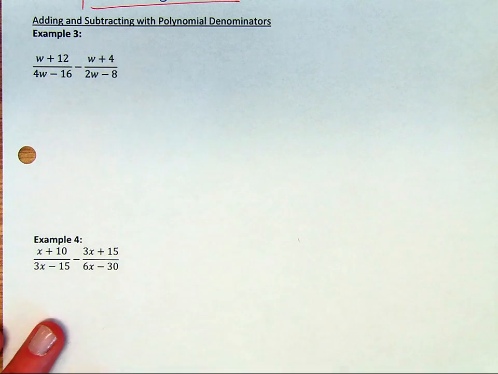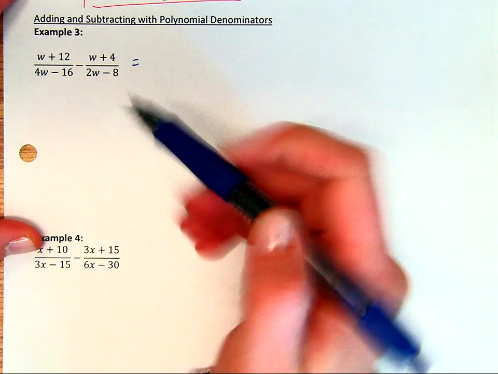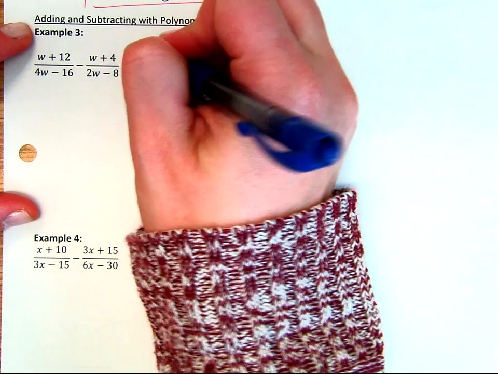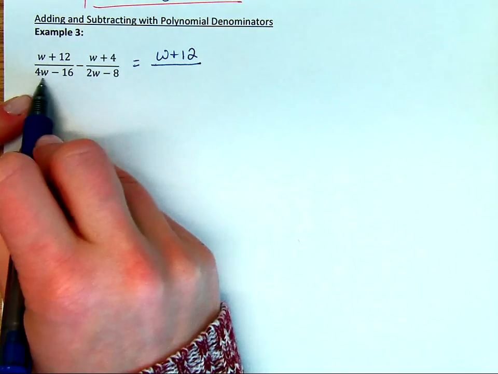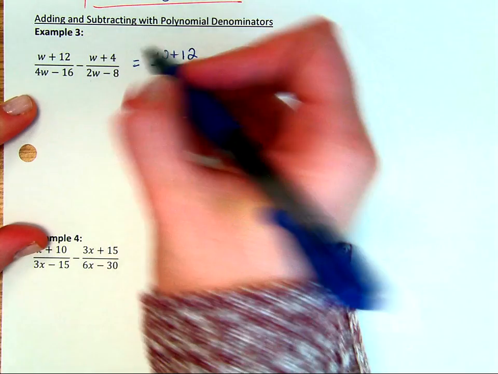So this is equal to, alright, and while we're at it, so the first step for adding and subtracting with polynomial denominators is you want to try to factor the bottom first. Okay, so I'm going to leave the top as w plus 12 and factor the bottom. 4w minus 16, I can take out a 4.